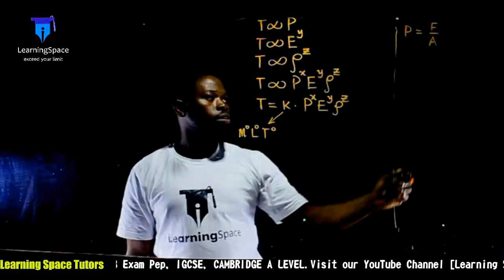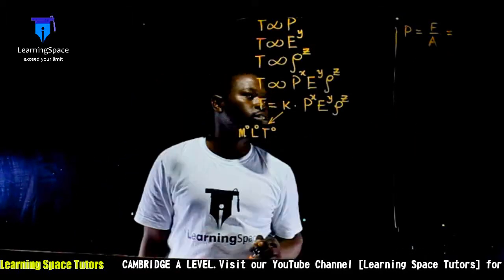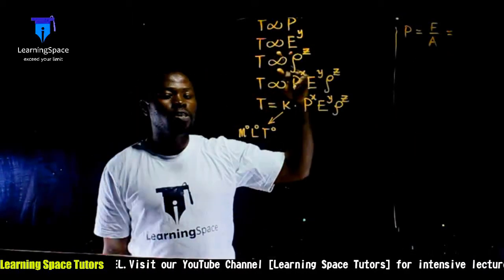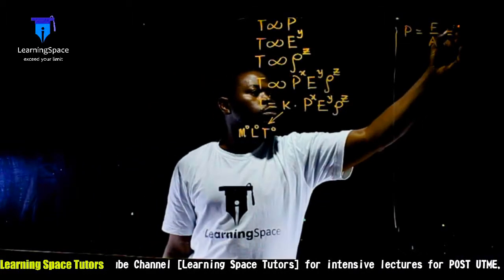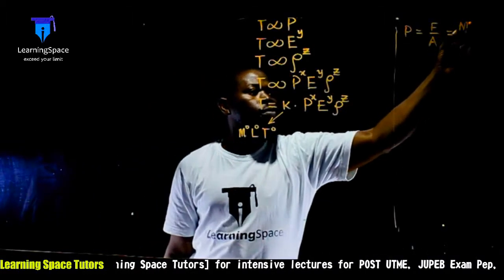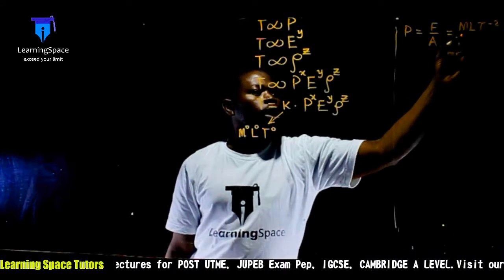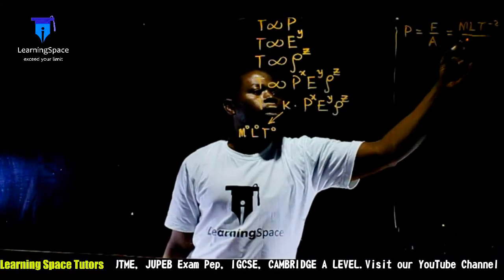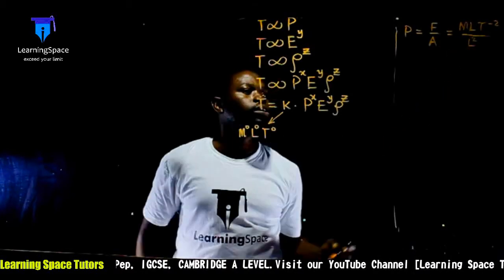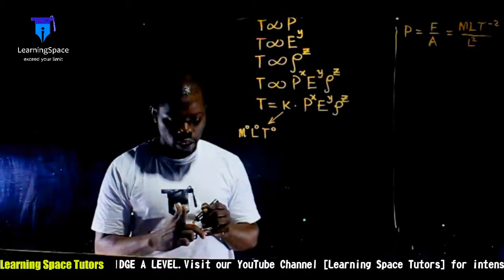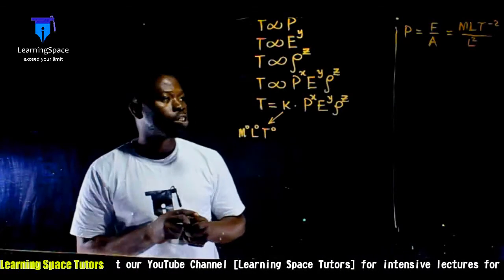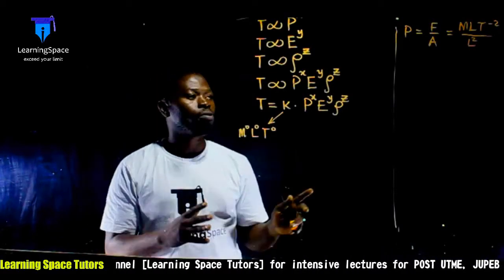What is the dimension for force? As I stated in the first question, the dimension for force is M L T minus 2. And the dimension for area is L squared. Since area is measured in meter squared, you can deduce the dimension from the unit, and you can also deduce the dimension from the formula.